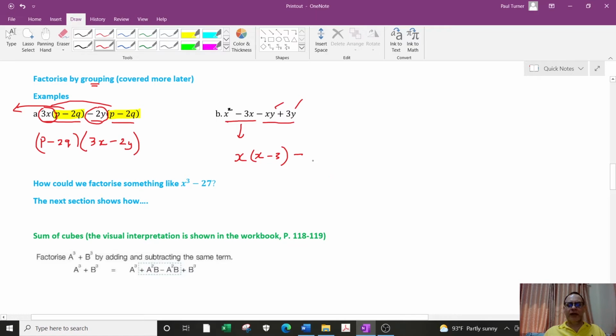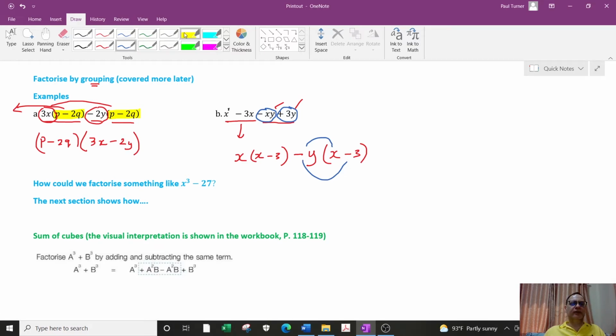You see you've got y here, so I take y out, and I'm left with x minus 3. Why is it x minus 3? Take a look. Minus y times x, minus xy. Minus y times minus 3 is plus 3y, okay, because 2 negatives make a positive. So in this kind of question, you need to be careful with the sign here.